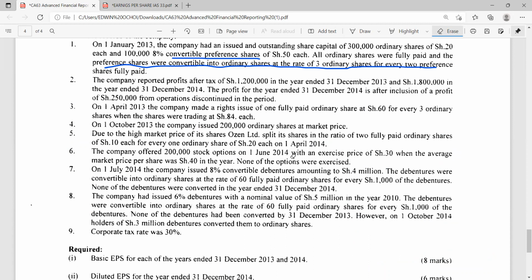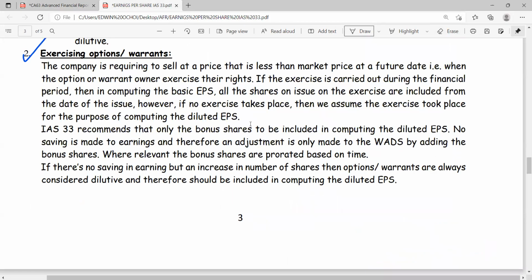None of the options were exercised. So we assume now that they exercised in order to use those options in diluted EPS. IAS 33 recommends that only the bonus shares be included in computing diluted EPS.